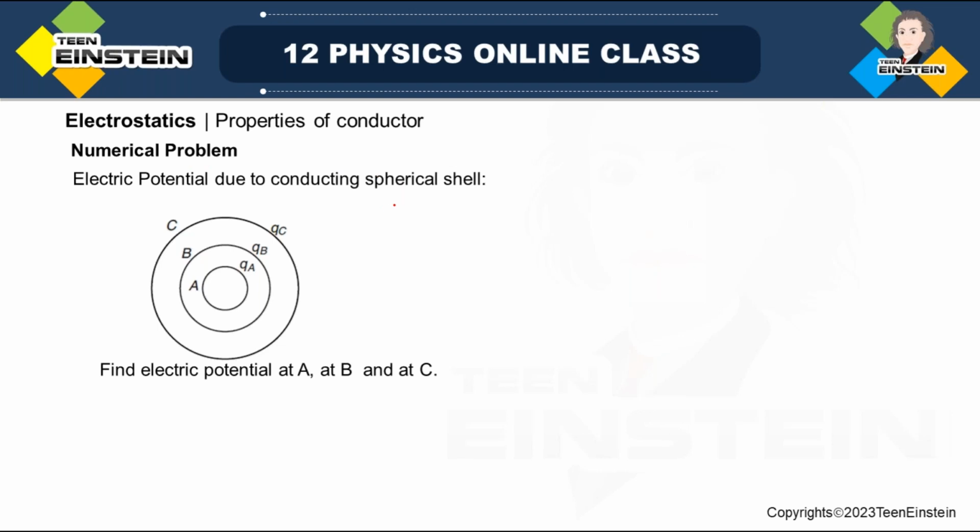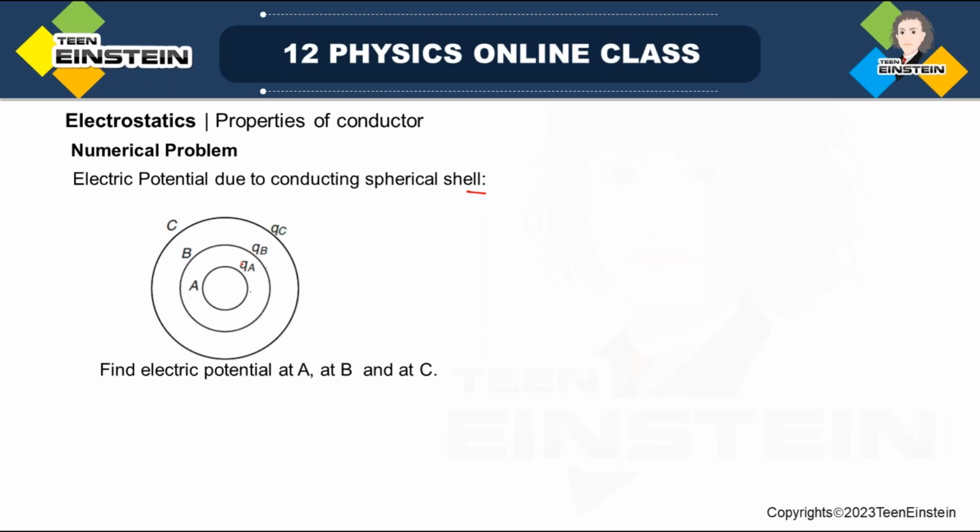So electric potential due to a conducting spherical cell or charged spherical cell, as you see here. So there are 1, 2 and 3 spherical cells, concentric, as you see, or I can say 2 cells, okay.